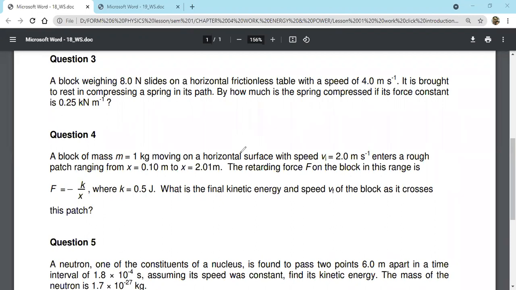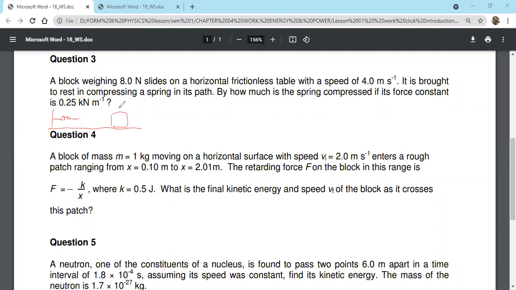First, a block slides on a horizontal frictionless table with a speed of 4 m/s. That means here, let's say we have a spring like that.